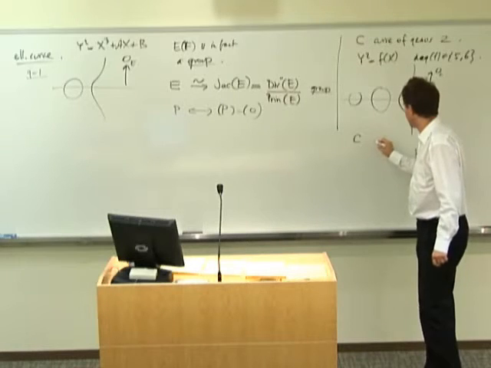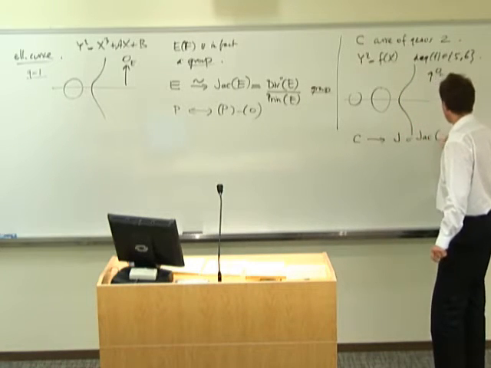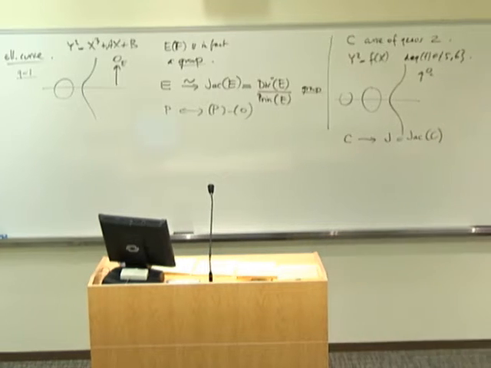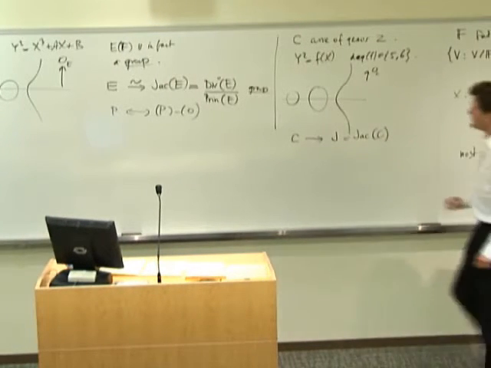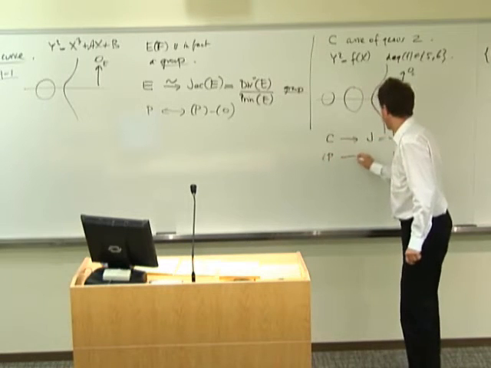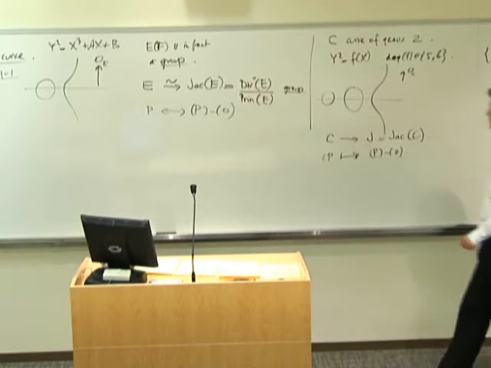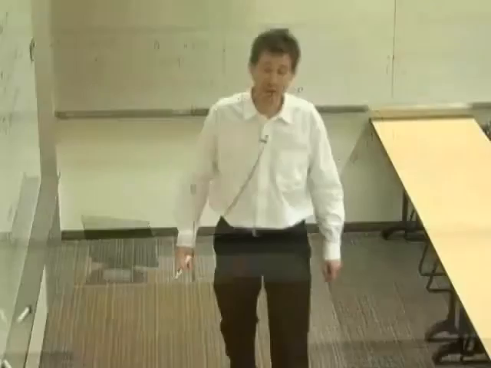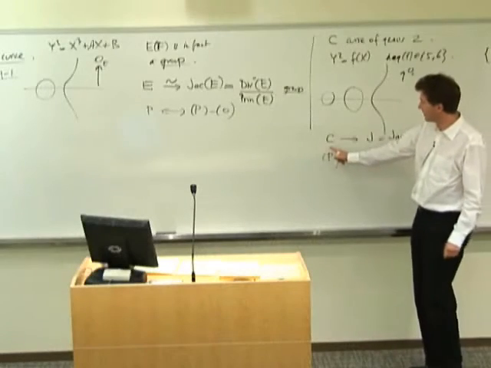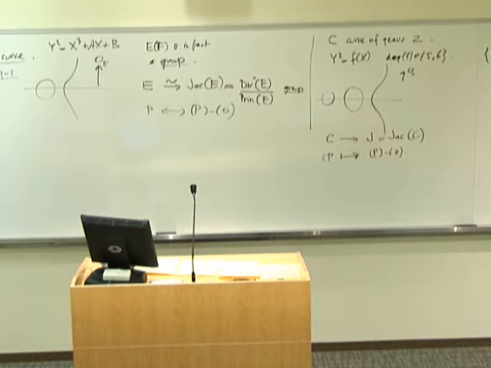You can map C into J, the Jacobian of the curve C, in exactly the same way: you map a point on your curve to its divisor class P minus O. But in that case, it's not going to be an isomorphism of group schemes. C is not a group scheme at all. It will just embed the set of points in this group.